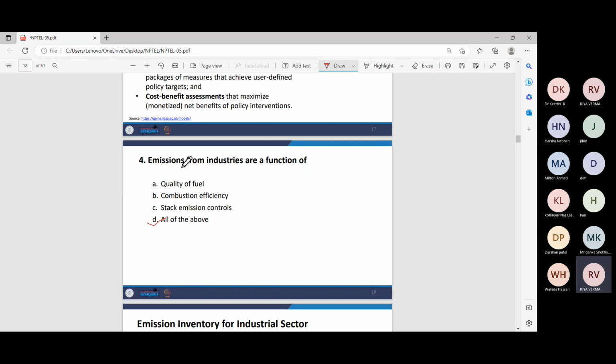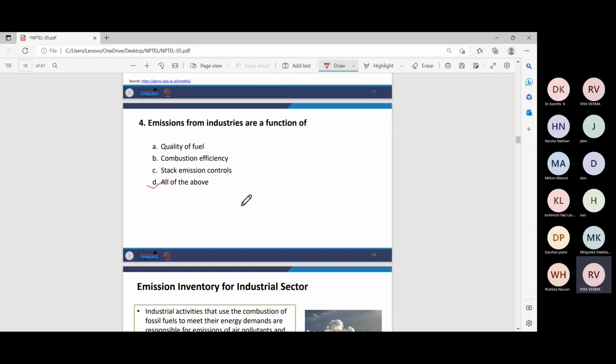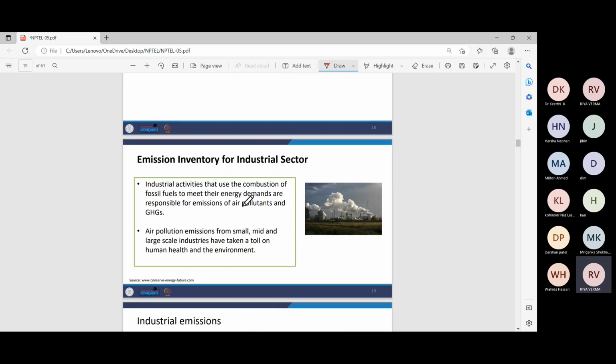Now, let us see how these factors affect the emissions from industries. Industrial activities that use the combustion of fossil fuels to meet their energy demands are responsible for emissions of air pollutants and greenhouse gases. We all know that industrial activities, for example, leather producing industries or some manufacturing industry where some kind of combustion is going on, include the combustion of fossil fuels for meeting their energy demands.